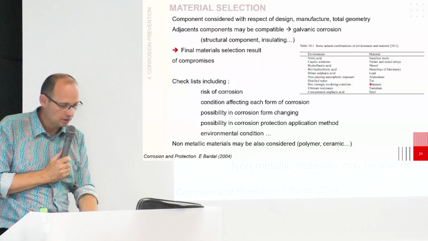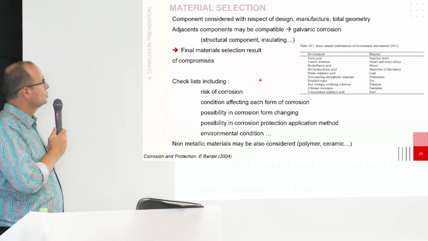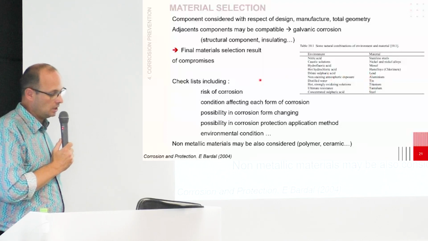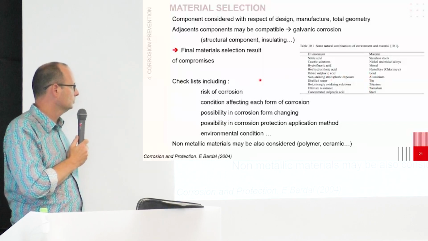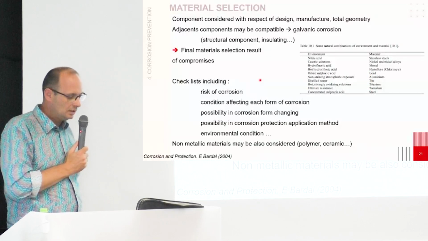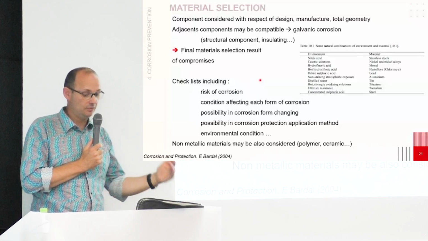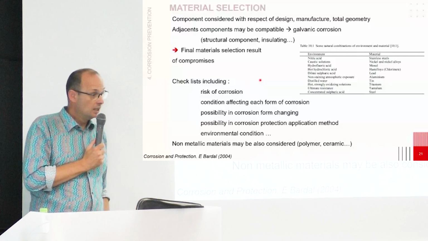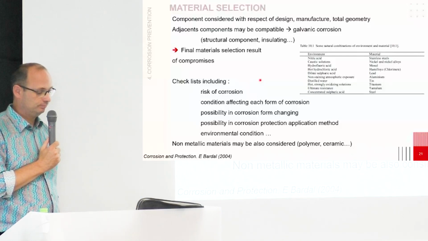I will not go deep in this table. So when I'm choosing a material, I will ask, okay, this material has a risk of corrosion. What could be the corrosion type that I will face? Will this type of corrosion change?